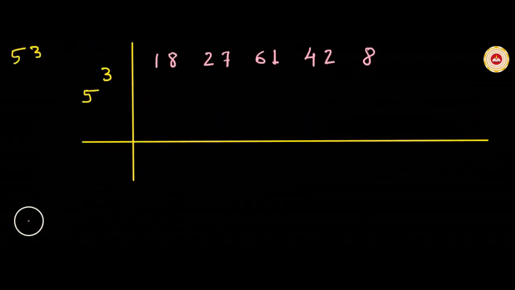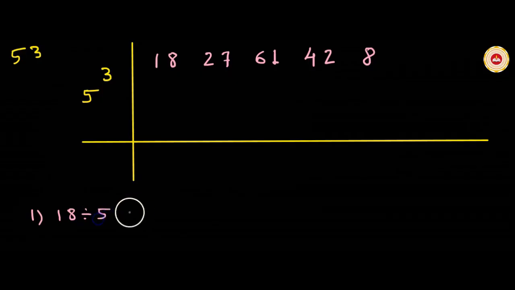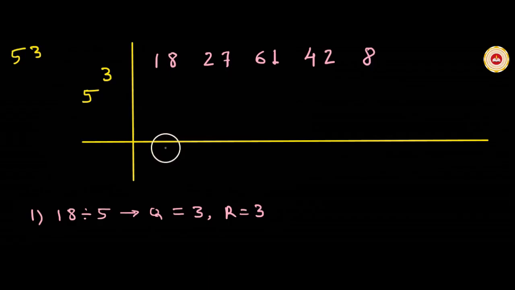Step number 1. 18 divided by 5 gives you quotient. How much? 5 3s are 15 and remainder is 3. So write quotient below 18 and write remainder 3.